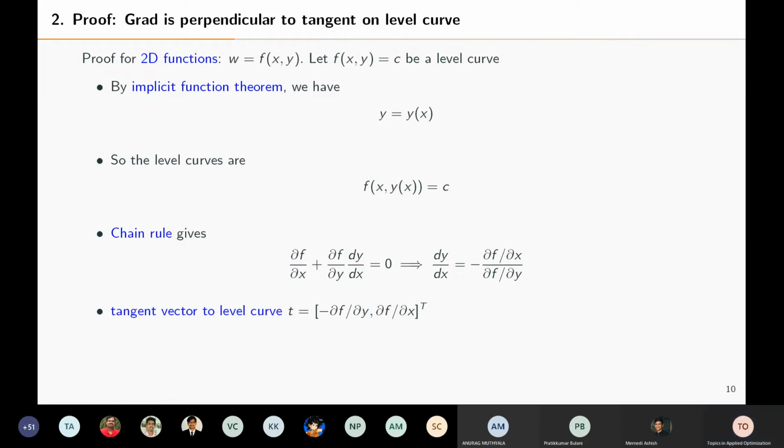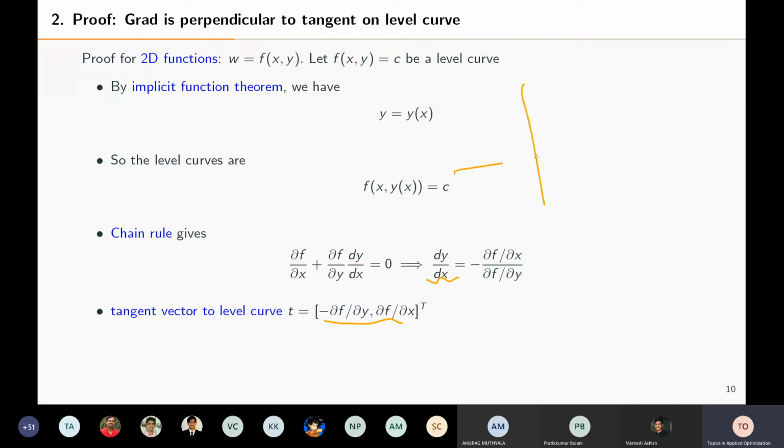So the tangent to this level curve will be this. This is the slope of the tangent to the level curve. So the tangent vector itself will be a vector like this.